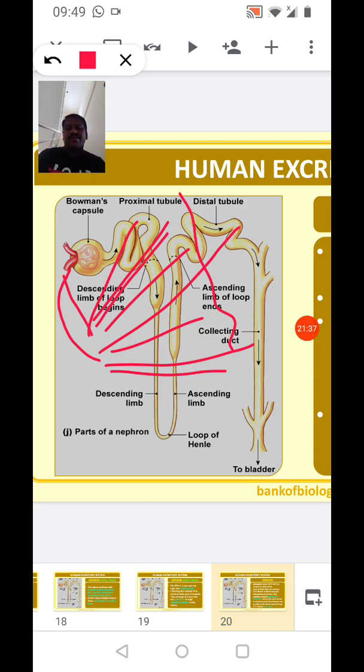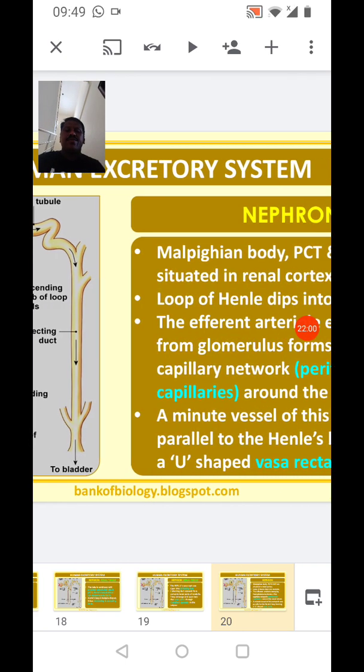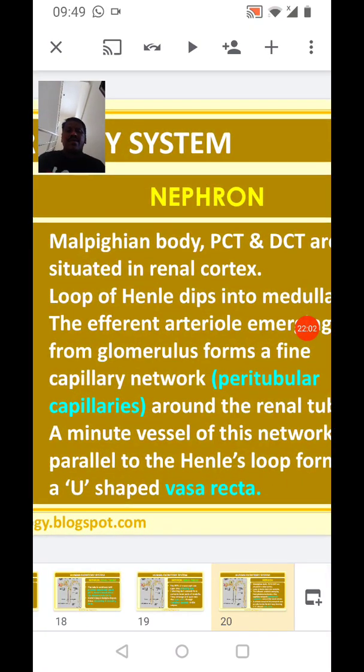Peritubular capillaries. Understood? And some portion of the peritubular capillaries are very close to the loop of Henle. This group of peritubular capillaries which are close to the loop of Henle is known as vasa recta. Understood? Here you can see peritubular capillaries and vasa recta.